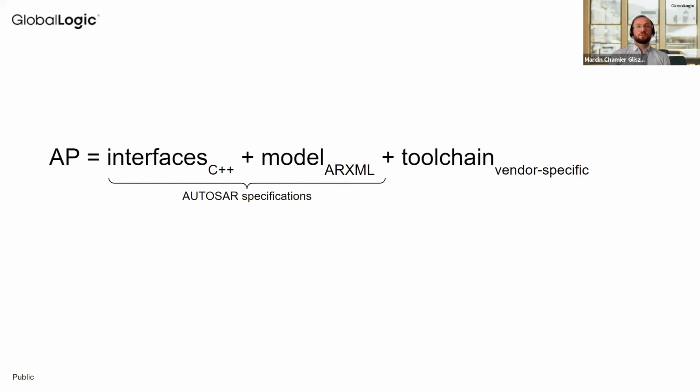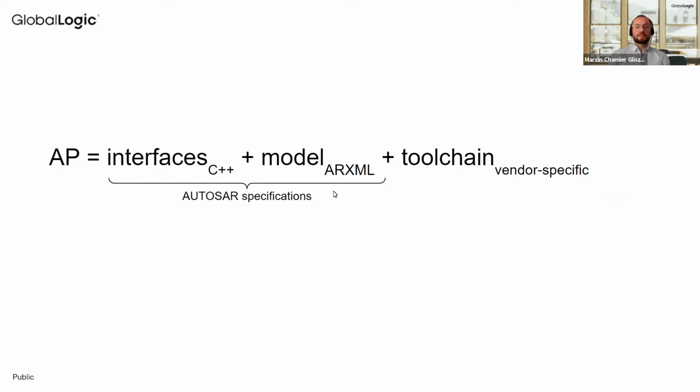The specification should provide the necessary information on developing a system using the platform and what's needed to implement the platform itself. As we can see, the AUTOSAR adaptive platform specification specifies the interface, the ARA runtime, and the models.